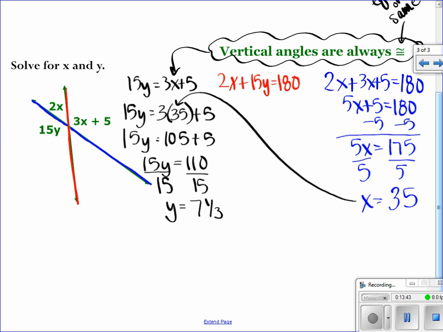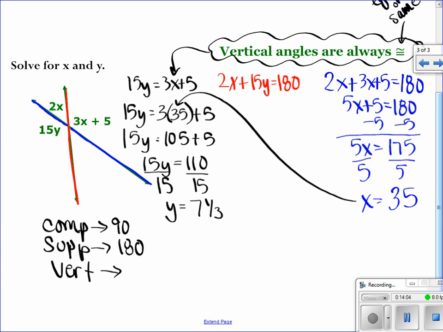Using everything we learned today, which is 3 things. Complementary means what? Equals 90. Supplementary. Equals 180. And vertical. Equal. They're equal to each other.